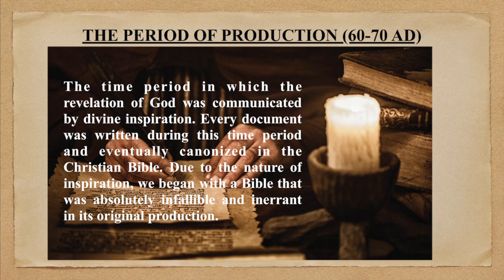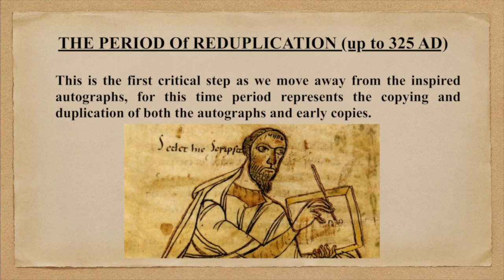The period of duplication, up to 325 AD. This is a very critical step as we move away from the inspired autographs, for this time period represents the copying and duplication of both the autographs and early copies.